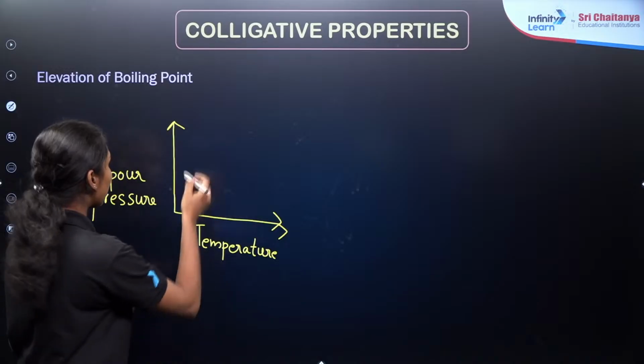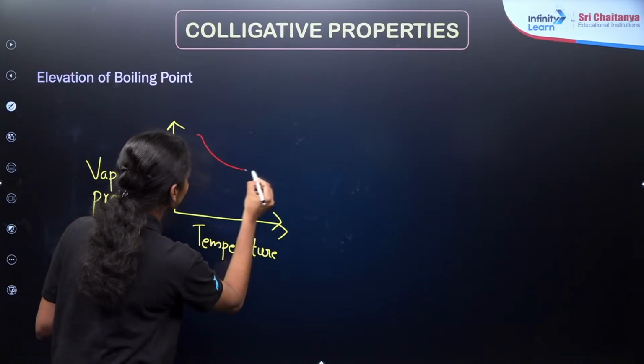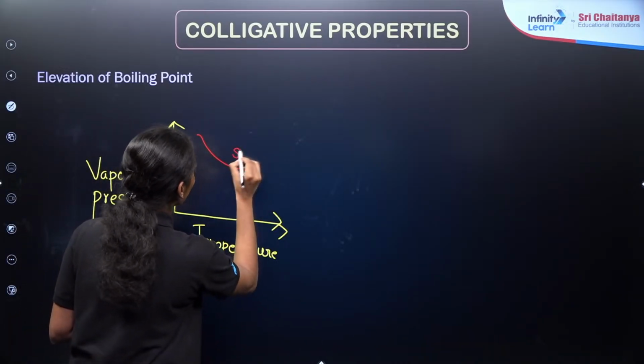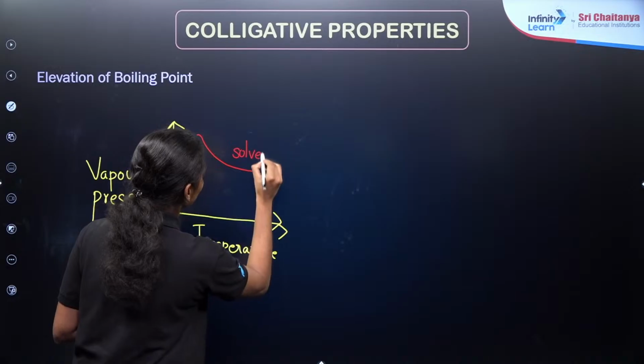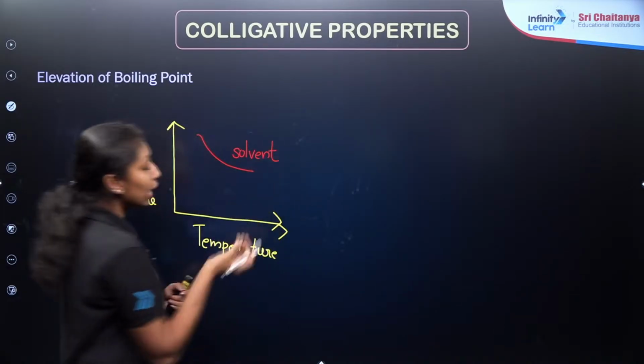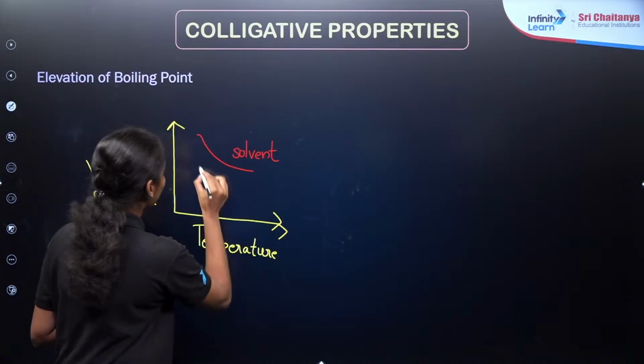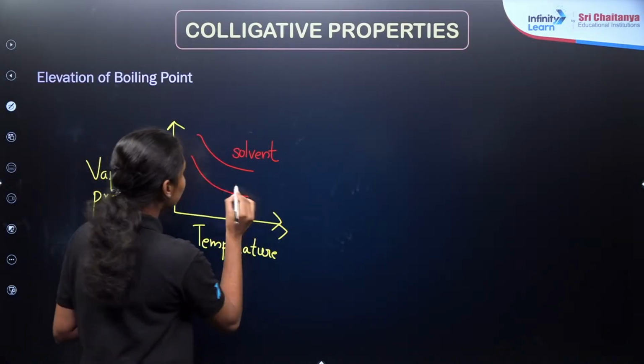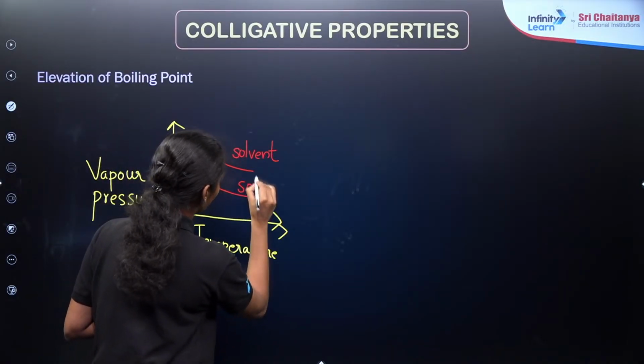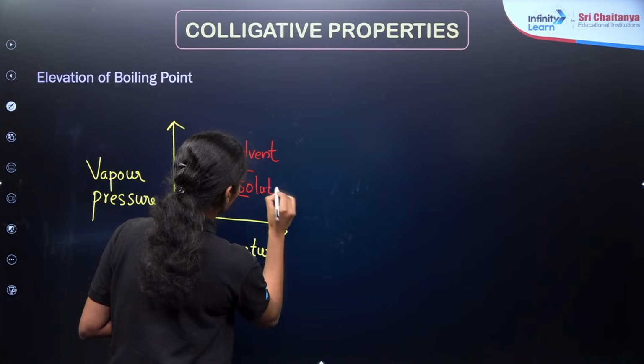It will always be high, right? So I can draw the graph like this. This is the vapor pressure graph for the solvent. Then if I add a non-volatile solute to the solvent, a solution is formed, right? For that, the vapor pressure decreases.